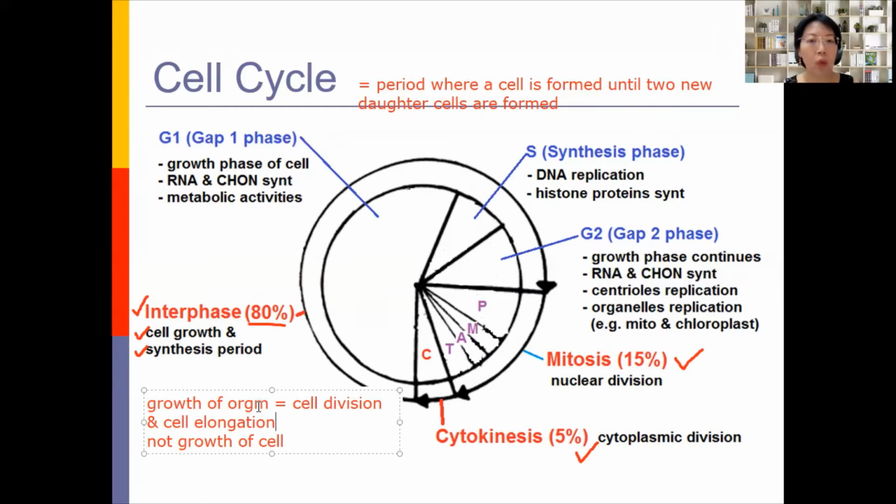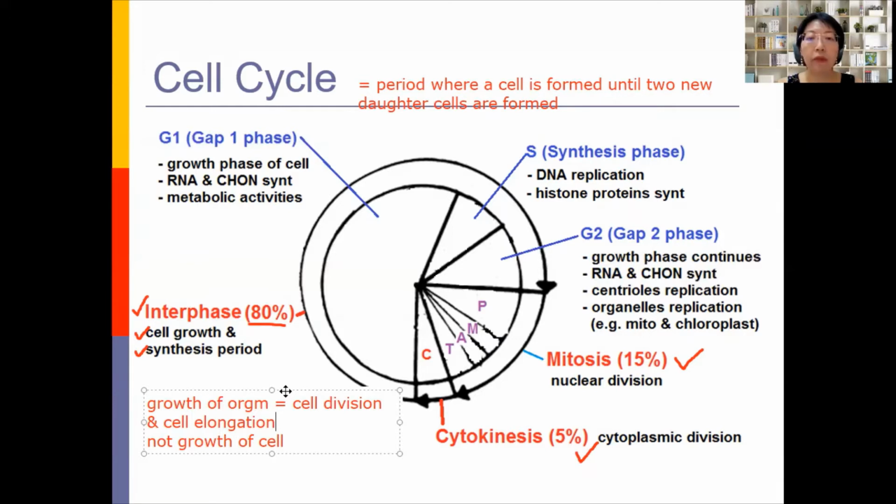But over here, we are talking about the growth of the cell. What happens when the cell grows is different from when the organism grows, so you have to be very clear about it. In biology, you need to pay attention: growth with respect to what?